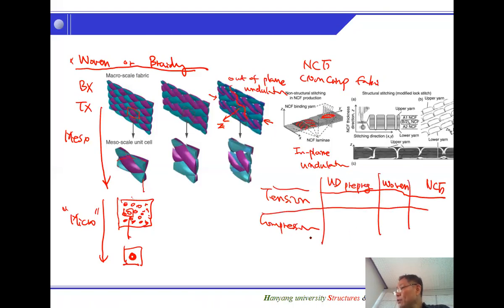And if we make a table, say this is 100%, the woven tension property will be something like 90 to 95.